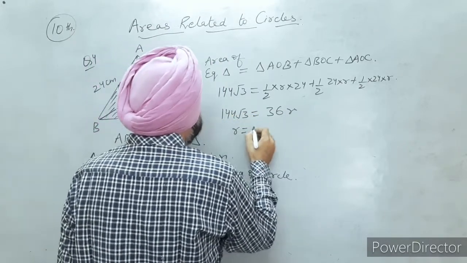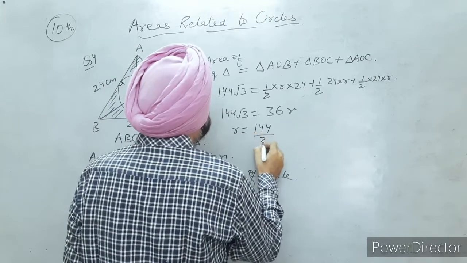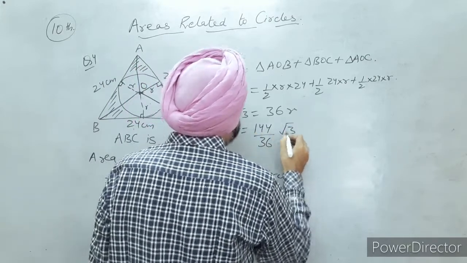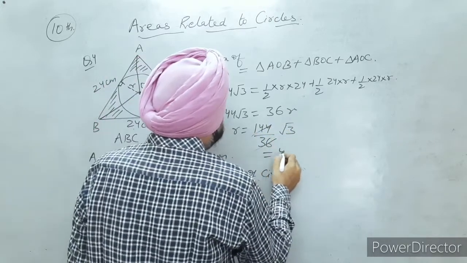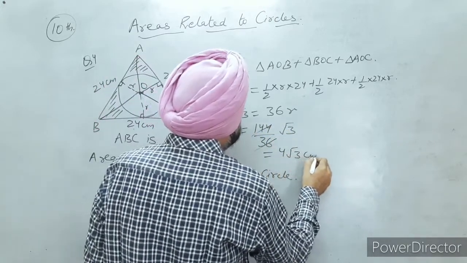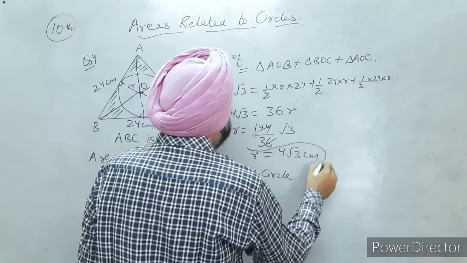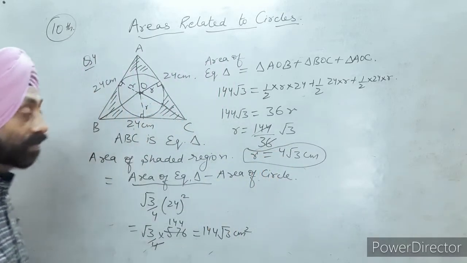So the radius is 144 root 3 by 36. It cancels on 4, so I get 4 root 3 centimeter as the radius of the circle.